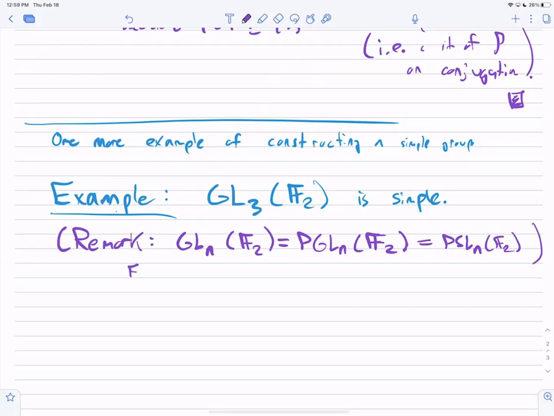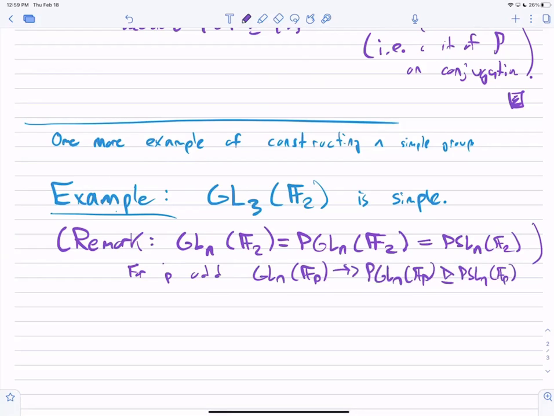But for other primes, this isn't true. For odd primes, for p odd, GLn of Fp surjects onto PGLn of Fp, and then this contains PSLn as a normal subgroup of index, well, this depends on p and n.